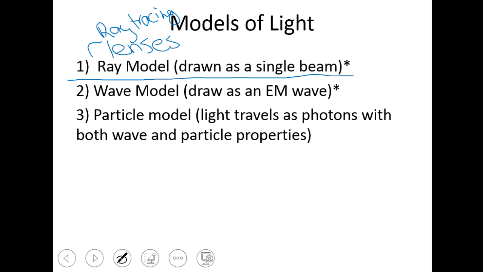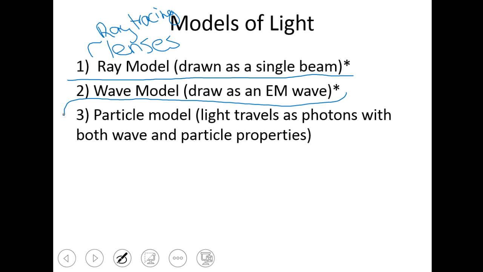However, there's another model of light that we really need to consider because it describes light in a much more accurate way, even though it's not readily observable by us as humans. We don't interact with this model a whole lot, but it is a better representation of light, and that is the wave model of light.